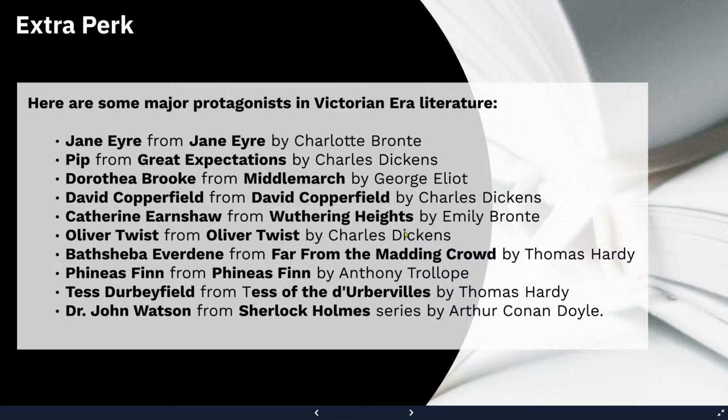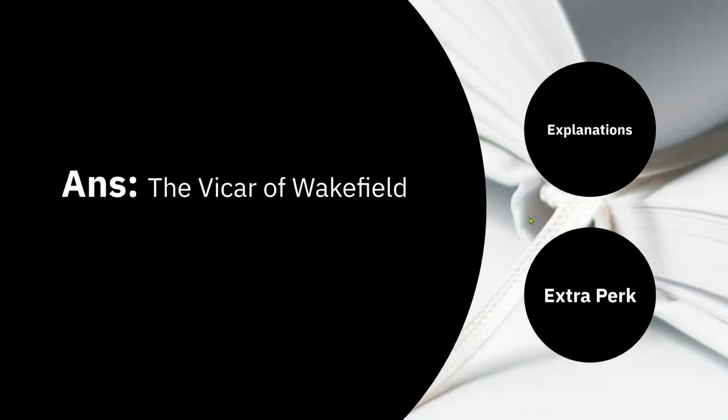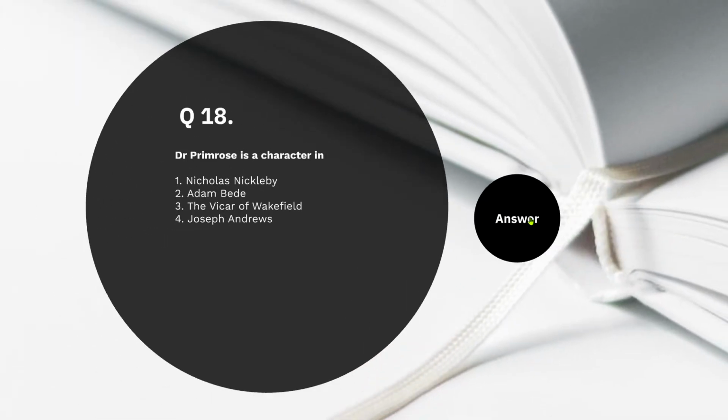Catherine Earnshaw from Wuthering Heights by Emily Bronte. Oliver Twist from Oliver Twist by Dickens. Bathsheba Everdene is from Far From the Madding Crowd by Thomas Hardy. Phineas Finn from Phineas Finn by Anthony Trollope. Tess, of course, from Tess of the d'Urbervilles by Hardy. And Dr. John Watson from the Sherlock Holmes series by Arthur Conan Doyle. So these are the major protagonists in the Victorian era.